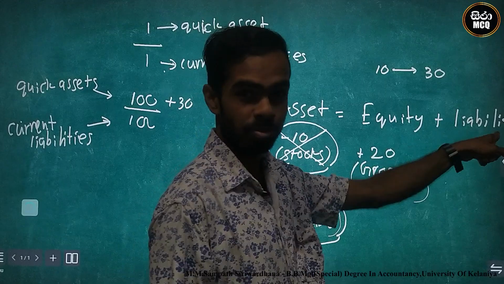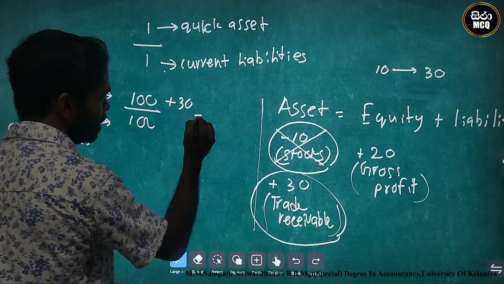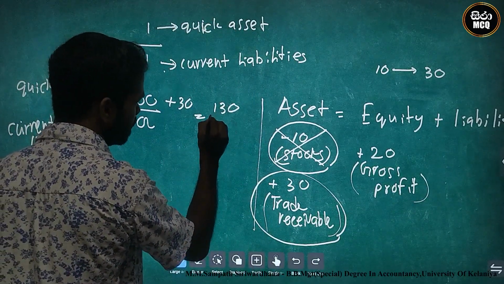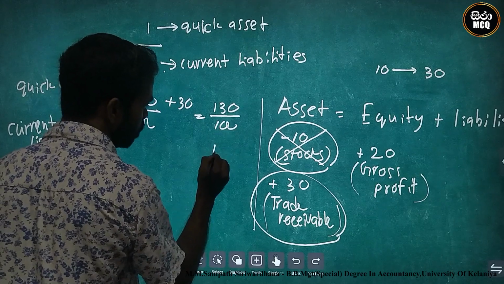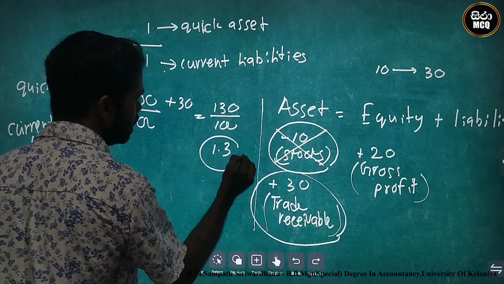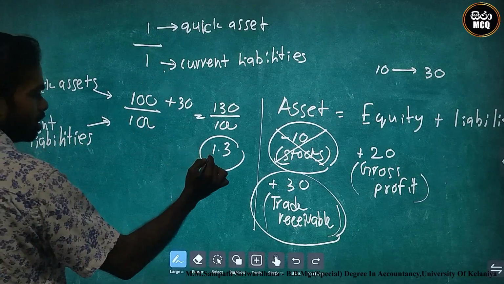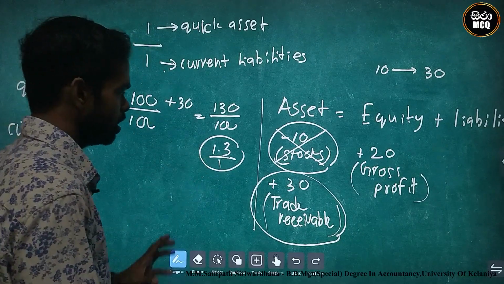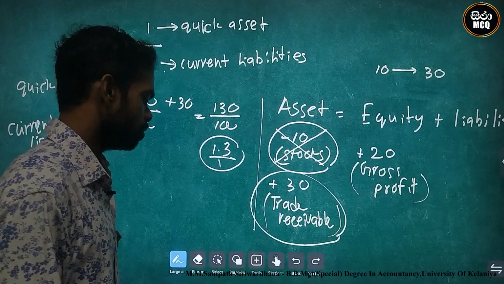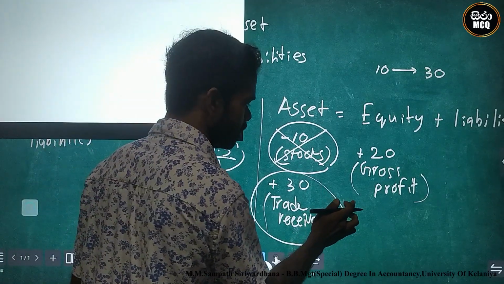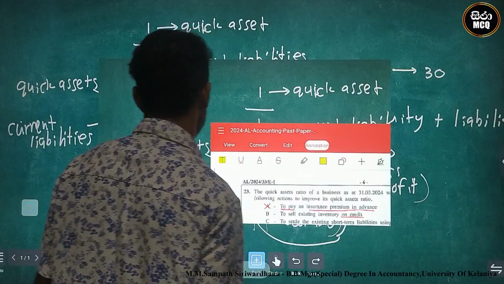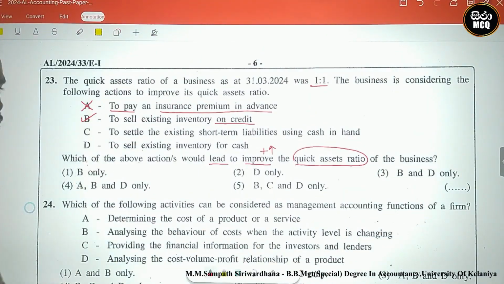Therefore, 130 divided by 100 is 1.3, increasing from the previous 1. This is an increasing action. B is the answer. Okay.